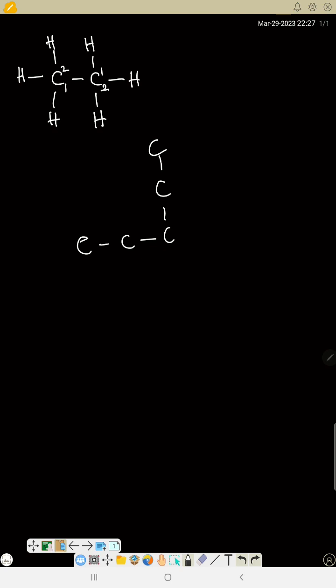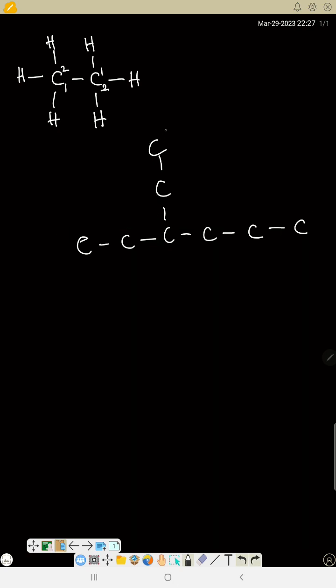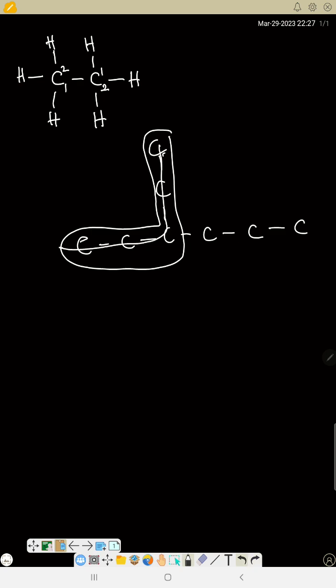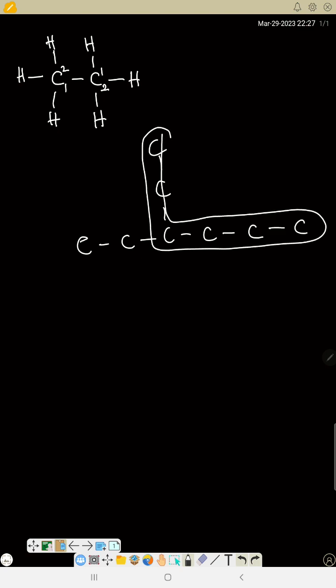So let's say I have another carbon here. You can't go this way and also come like this, no. To get the longest carbon chain, you count this as a chain without break, or you count this way, which is another chain without break.